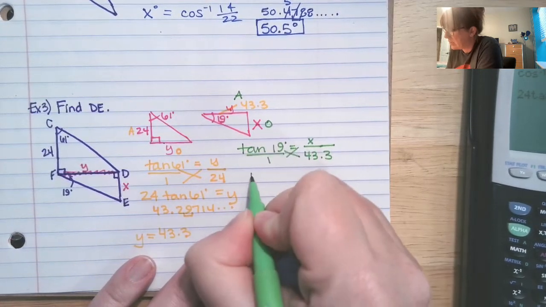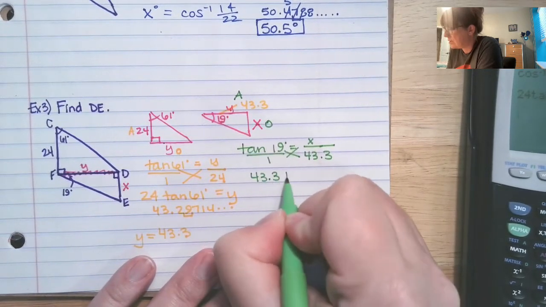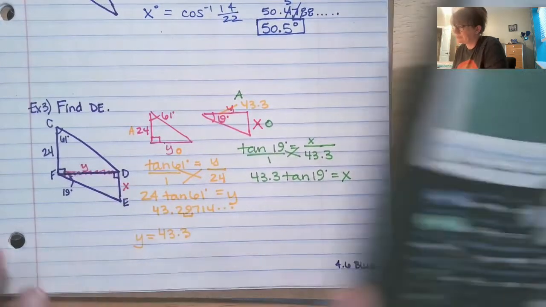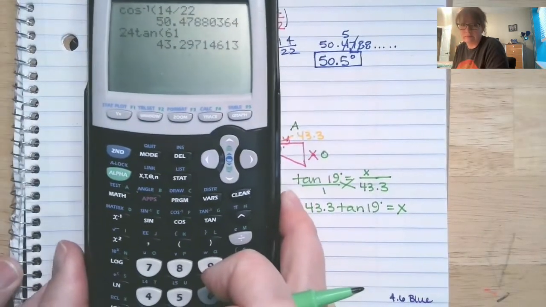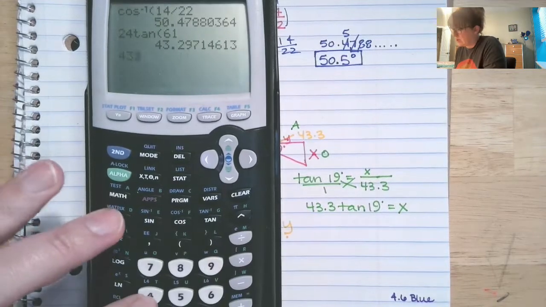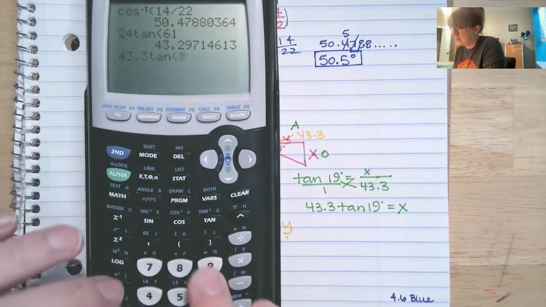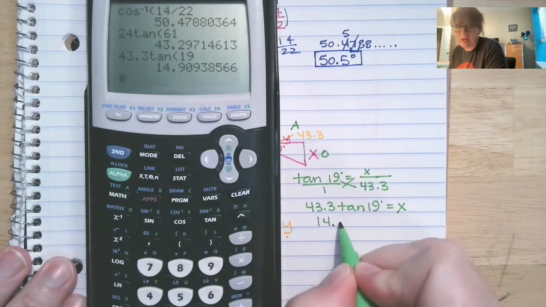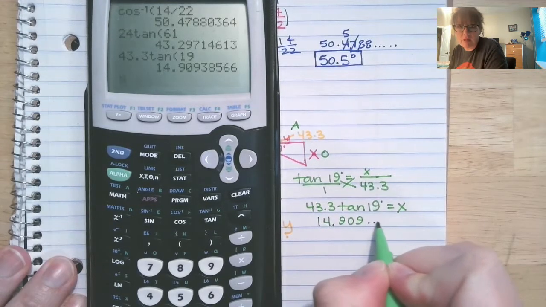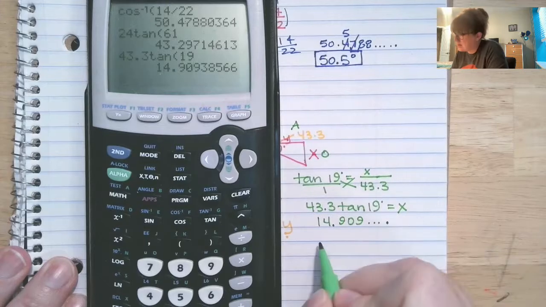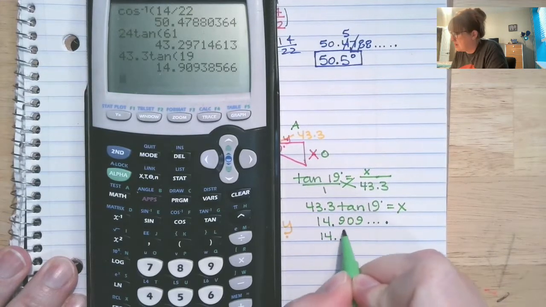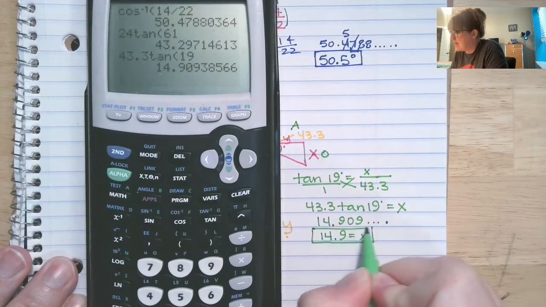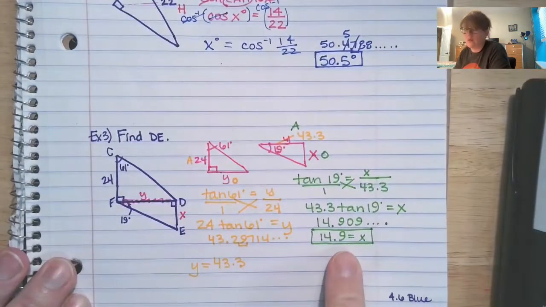Cross multiply, so we get 43.3 tan 19 degrees equals x. 43.3 times tan 19, and we get 14.909, blah, blah, round to the nearest tenth. So here is our x value. All of that for 14.9.